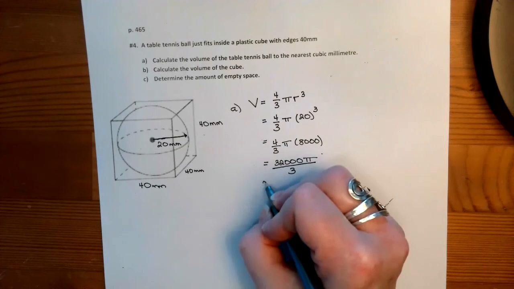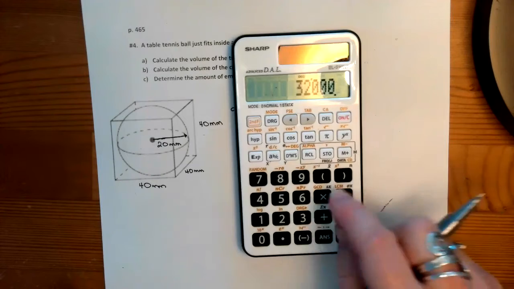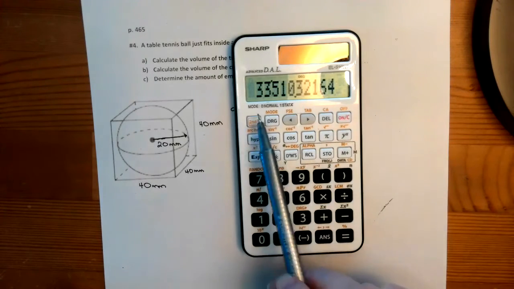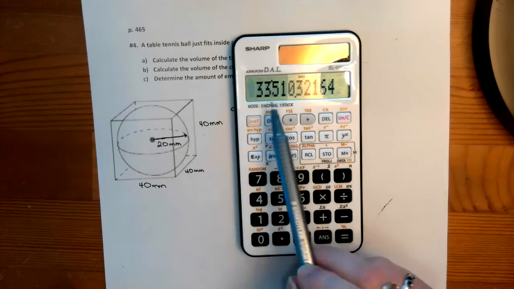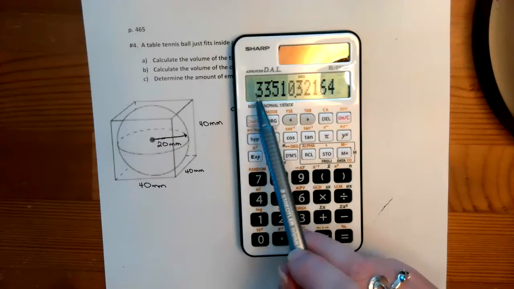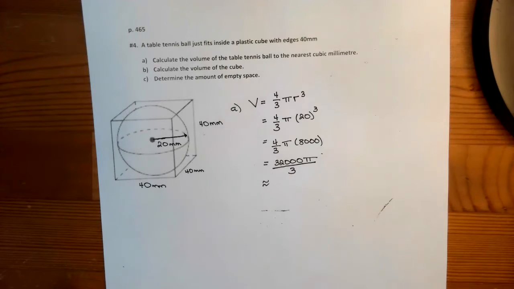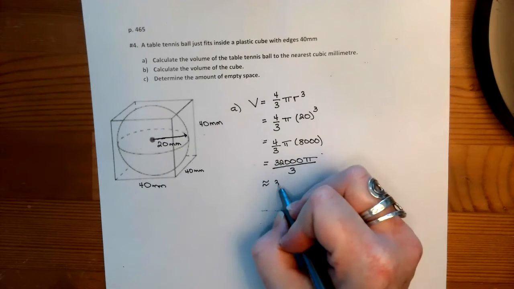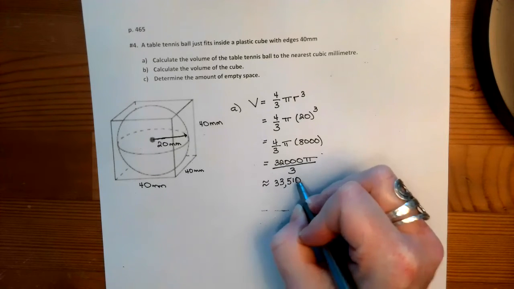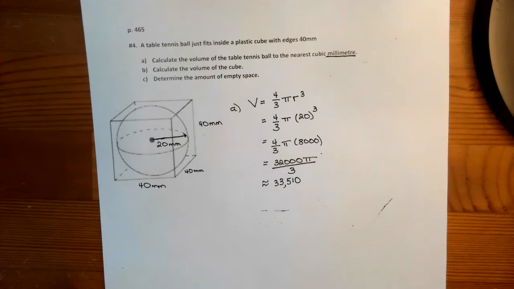Now I want to approximate it. I'm going to take that 32,000, multiply it by pi, and divide by 3. I get 33,510.3. It says to the nearest cubic millimeter, so that means no decimals.